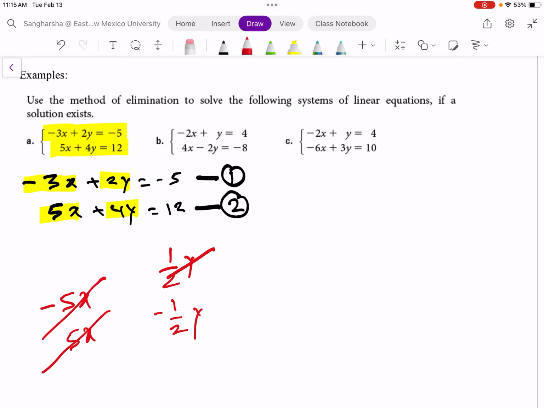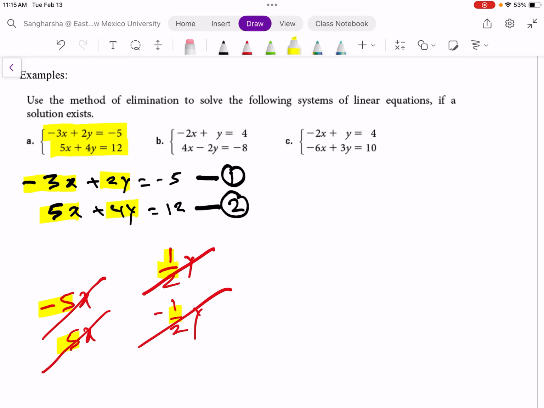So every time we want to cancel, we need the same coefficient with the opposite sign. We try to make the same coefficient with opposite sign so that we can cancel by adding.